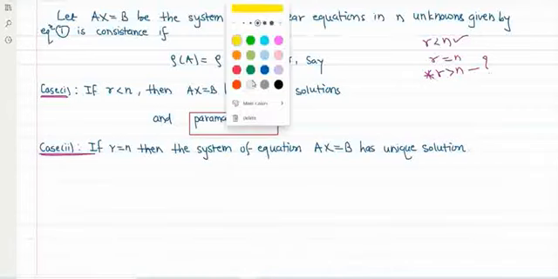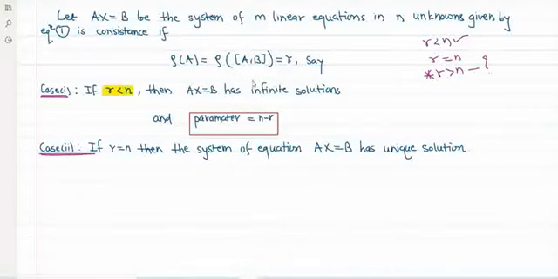First case we have discussed, if rank is less than the number of unknowns, in that case we are getting infinite solutions. If rank is equal to N, you are getting a unique solution. So from the examples point of view, you have to remember the concept. First, we can represent the given equations in matrix form.